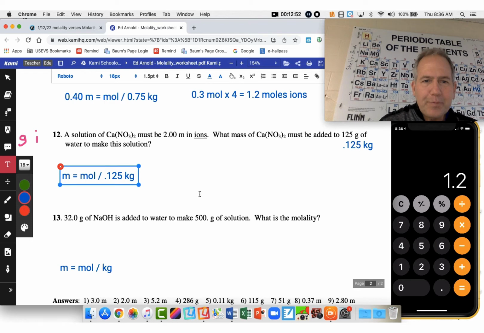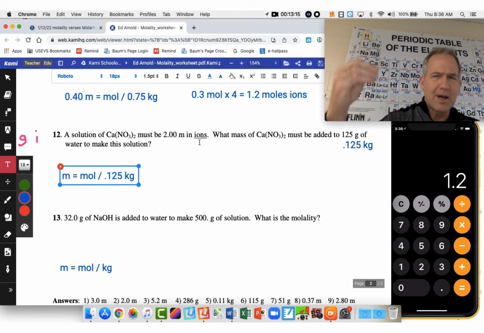Now, we do have to worry about this molality. The solution must be 2 molar of the ions. You know what we can do? We have options again. We can adjust it first, or we can adjust it after.